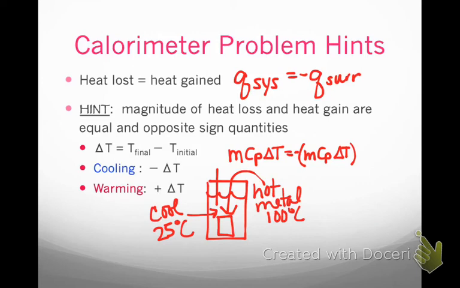So the water temperature is going to increase, the metal temperature is going to decrease, and so I'm going to have two delta T's. I also have two specific heats, the specific heat of the metal and the specific heat of the water. I also have two masses, the mass of the water and the mass of the metal.